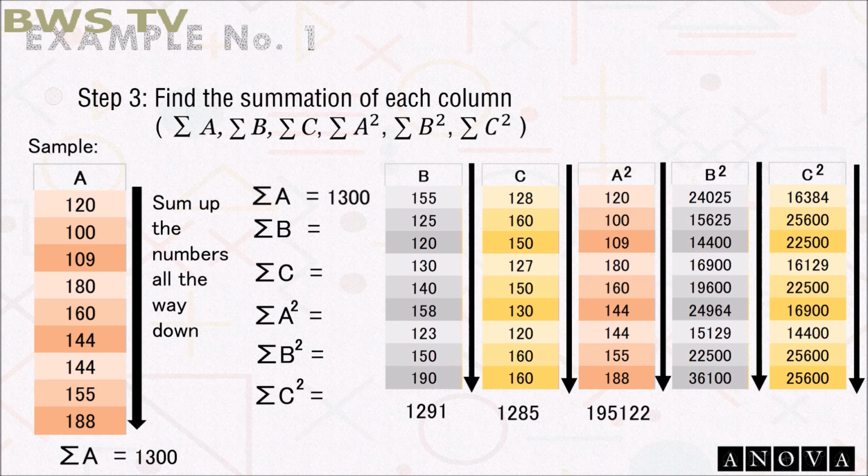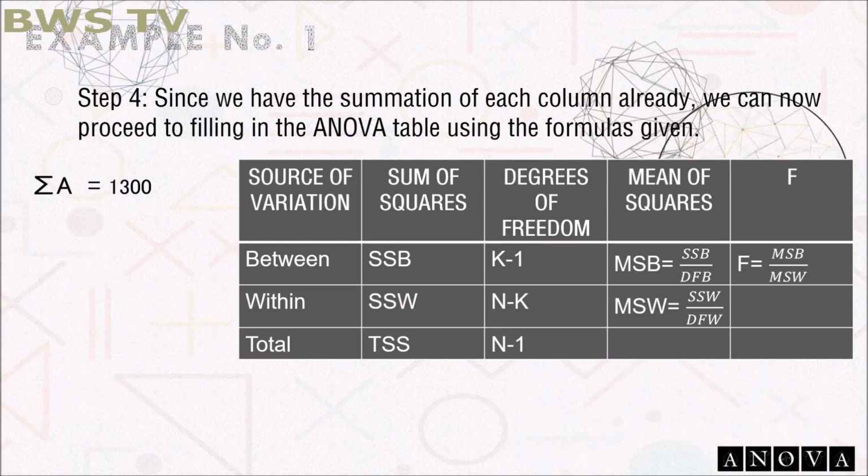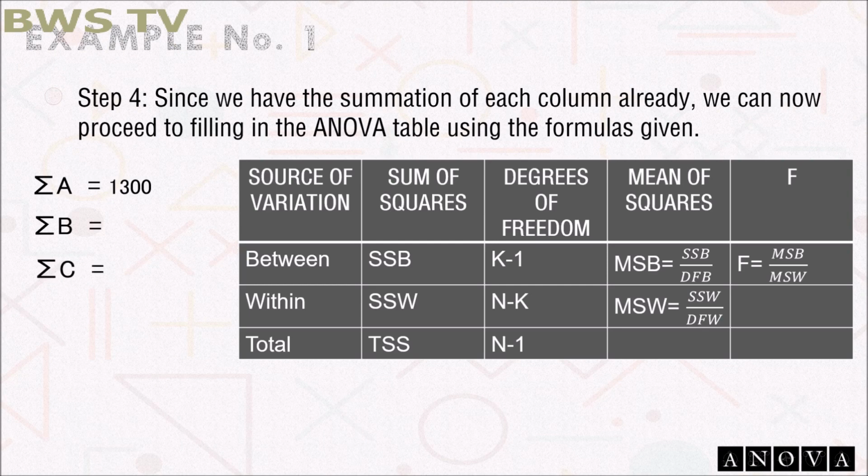Summation of A squared, 195,122. Summation of B squared, 189,243. And summation of C squared, 185,613. Now we have step 4. Since we have the summation of each column already, we can now proceed to filling in the ANOVA table using the formulas given and the answers of our summations earlier.